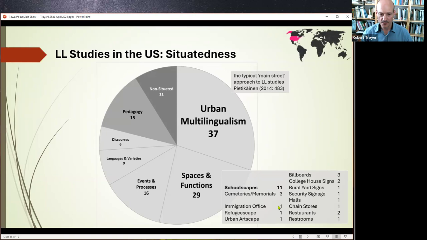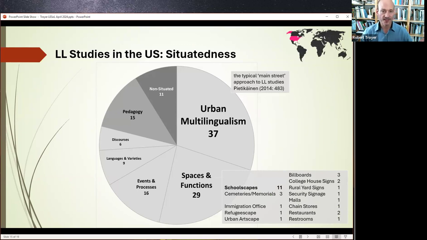Some other specific spaces and functions: artscapes, 3 studies of, and then in the more commercial domain, billboards, and then in the more residential domain, college house signs, some interesting work by Ledusa on college students' signs on the houses they rent, rural yard signs, security signs, and then again more of the commercial malls, chain stores, restaurants, and there's even a study of restrooms or latrinalia on university campuses.